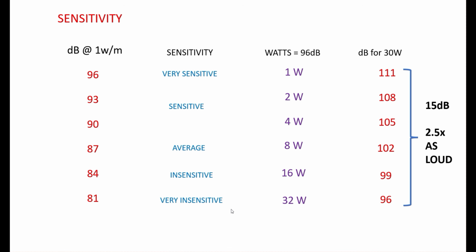Yeah. So I guess some takeaways, right? Some things you need to know about sensitive speakers, why they matter. The first thing is sensitive speakers matter more than watts. A speaker's sensitivity is more important than whether it's a 200 watt speaker or a 400 watt speaker. Always go for a more sensitive speaker.